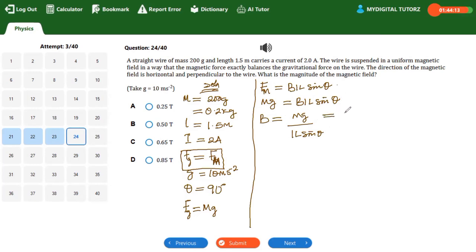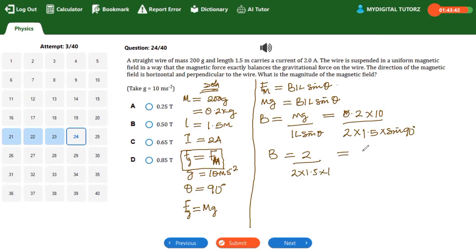B is equal to mg all over IL sine theta. So that will give us mg, m is already 0.2 multiplied by g, which is 10 in this case, all over I is 2 multiplied by L, which is 1.5, then multiplied by sine 90 degree. So our B will be equal to 2 all divided by 2 times 1.5. Sine 90 is 1.